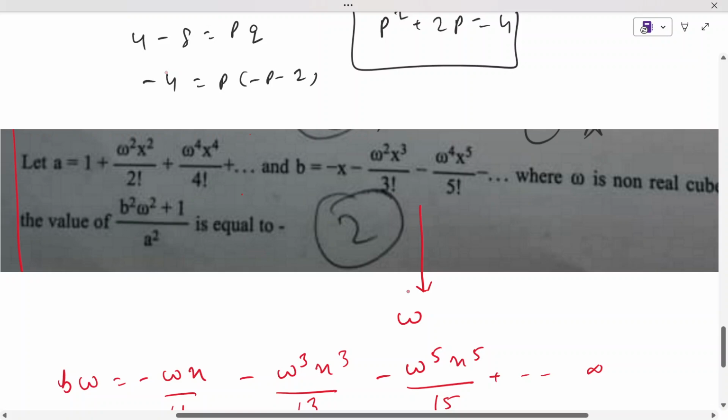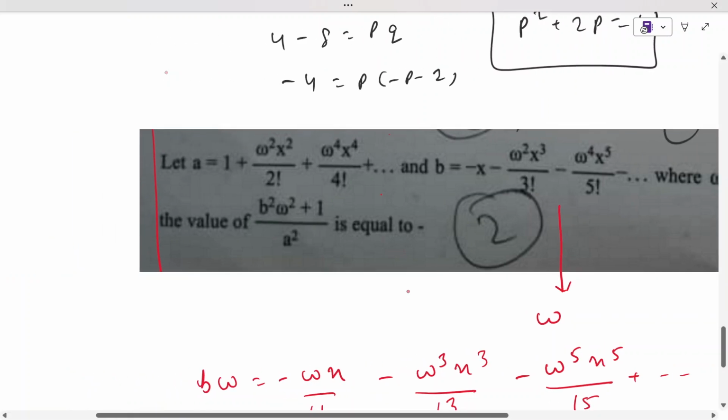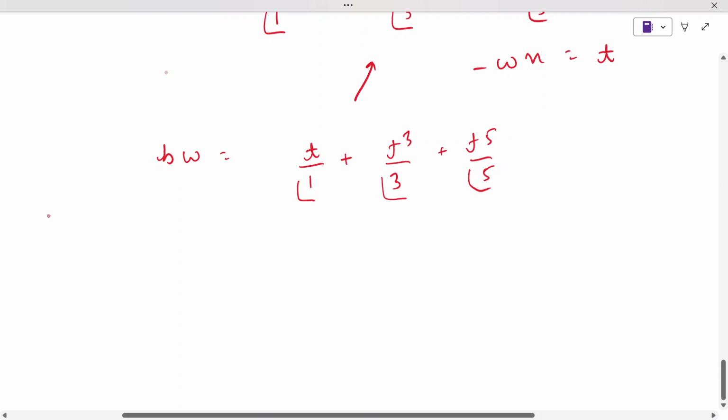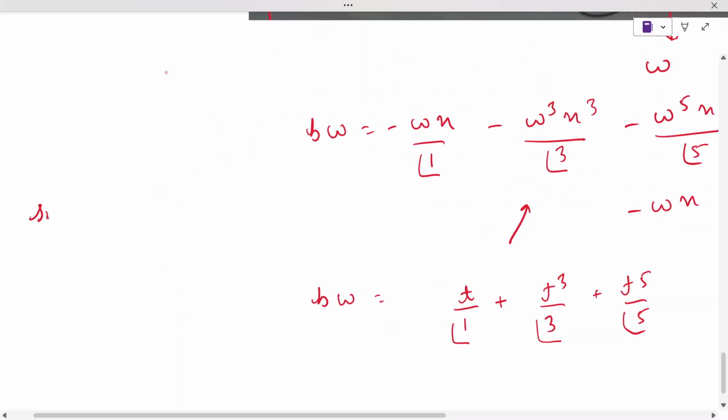Isn't it? All terms are negative. That's fine. And this thing, if you just compare with omega x square by 2 factorial plus omega x to the power 4 by 4 factorial. So if you just try to recall the expansion of sin x, expansion of sin x is what? x minus x cube by 3 factorial plus x to the power 5 by 5 factorial minus x to the power 7 by 7 factorial.